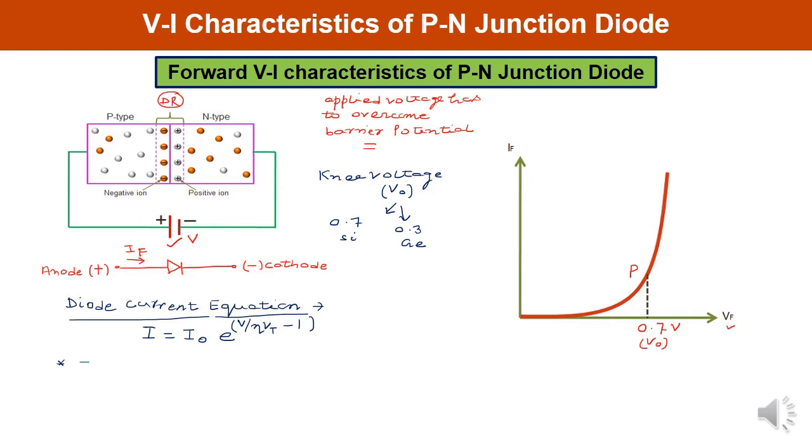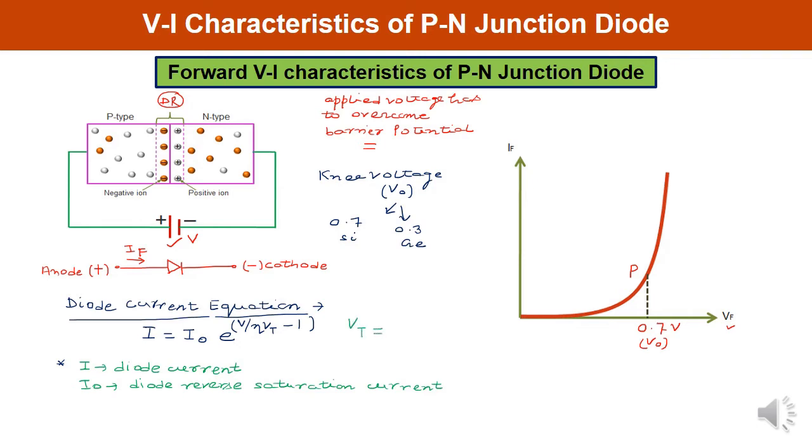Here you must note down: I is the diode current. I naught is the diode reverse saturation current at room temperature. Vt, you know what is Vt? Vt is the volt equivalent of temperature.